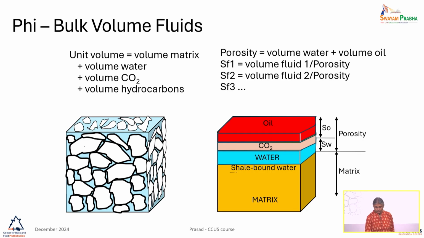We have shale bound water out here, free water here, carbon dioxide, and if we are in a depleted oil and gas reservoir, then we will have oil here. These fluids will be segregated depending on their density. What density do I have? How far do they go? Shale bound water is water that's bound to surfaces and clay minerals. That is not going to move, which is a good thing because every other fluid is going to be movable.